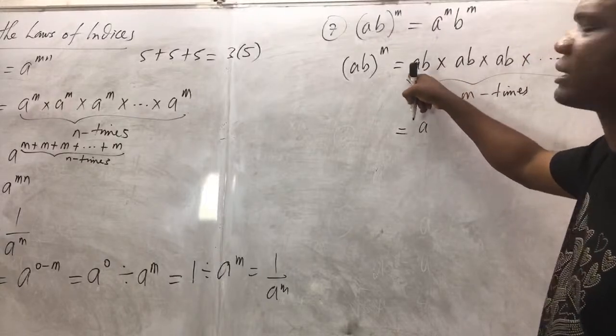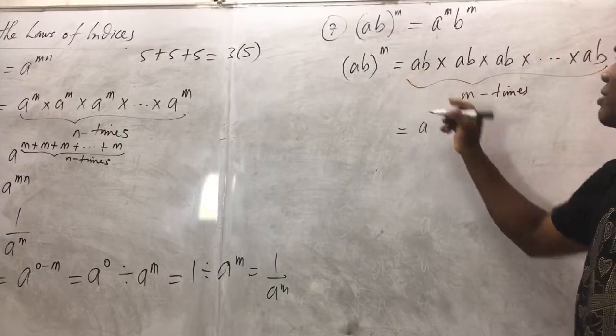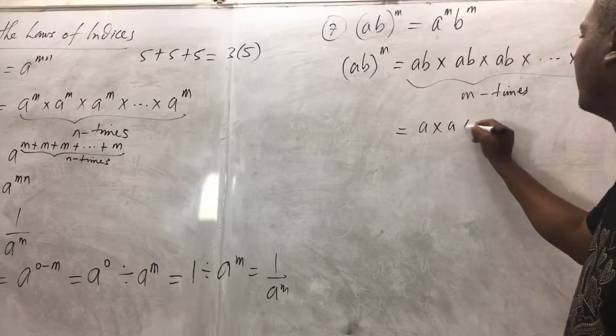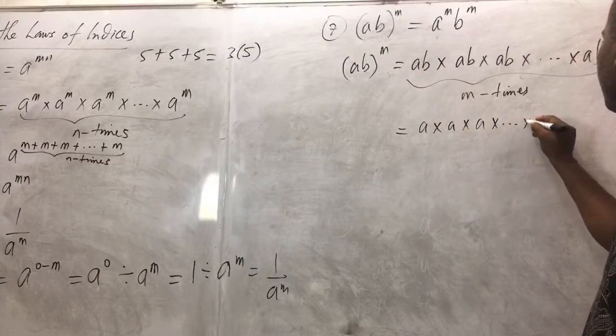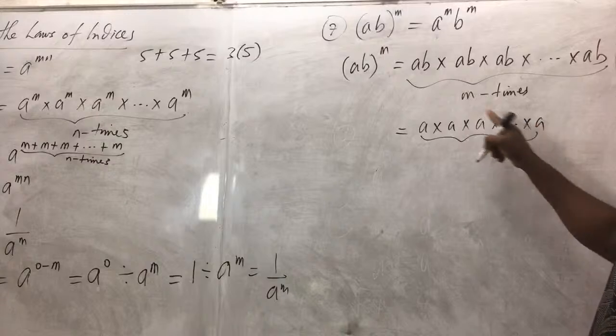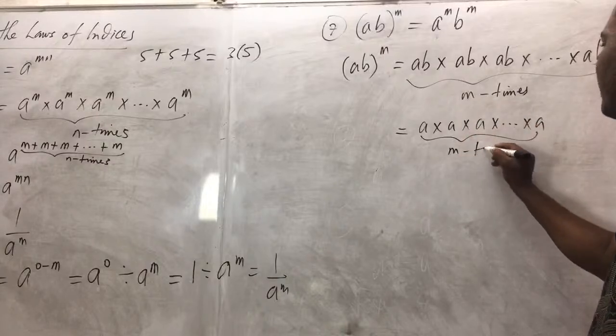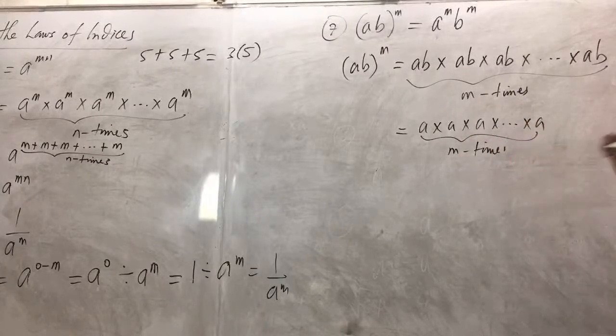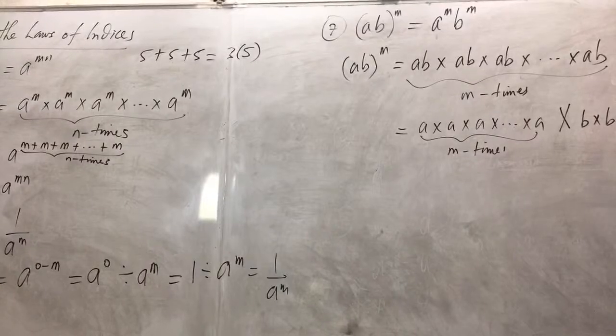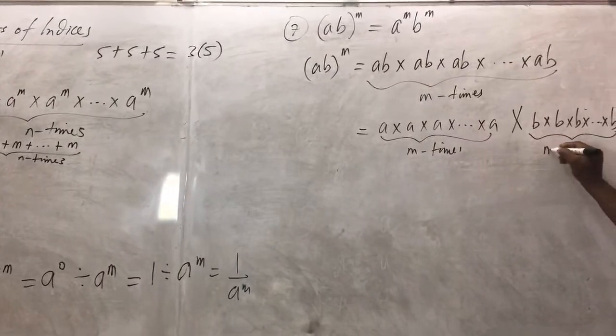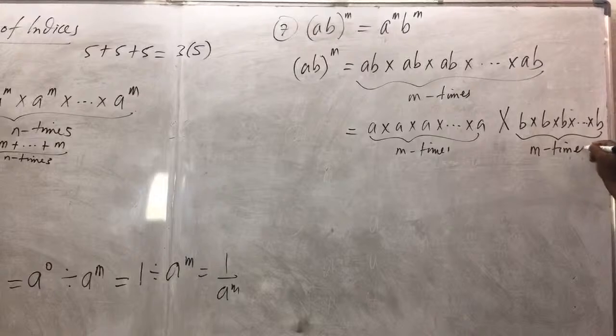Separate a. Note that ab is the same thing as a times b. So I'm going to gather all the a's in multiplication. Of course, because I have them m times, I'm going to have a in multiplication m times, and when you separate, you are going to have b in multiplication m times also.